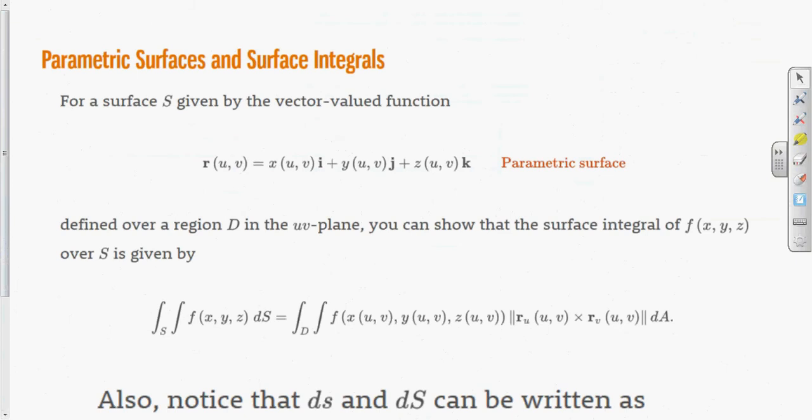Parametric surfaces and surface integrals. What is the possibility that the surface that you're given is based on parameters? There are other factors attributing to the structure of that particular surface. Those parameters can be defined in so many different ways.